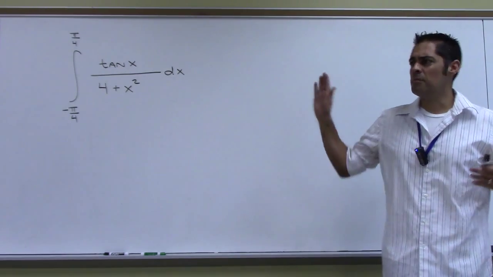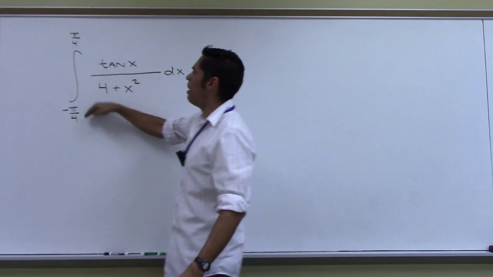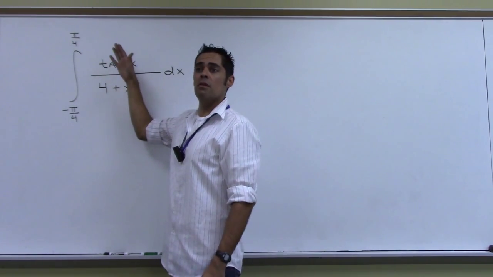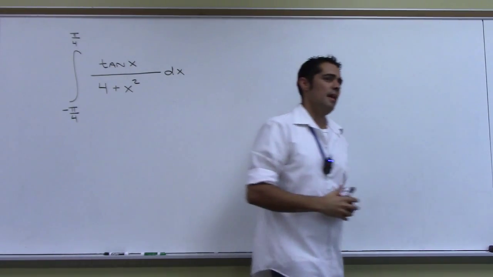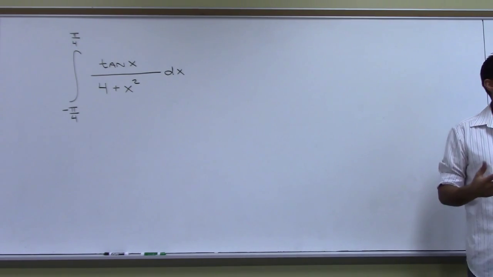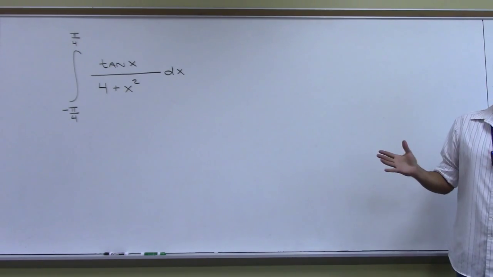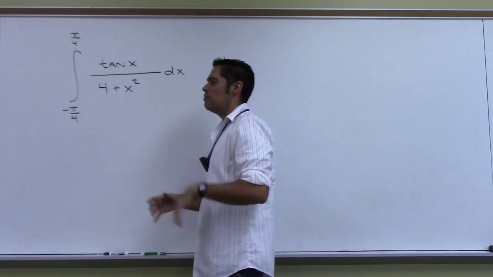Instead of negative pi over 4 to pi over 4, I could go from 0 to pi over 4 and double that answer. Is that an even function? I don't know. Is it odd? If it was odd, what would the answer be? 0? All right. But let's get back to trying to integrate this, and then we'll talk about that even odd thing again.